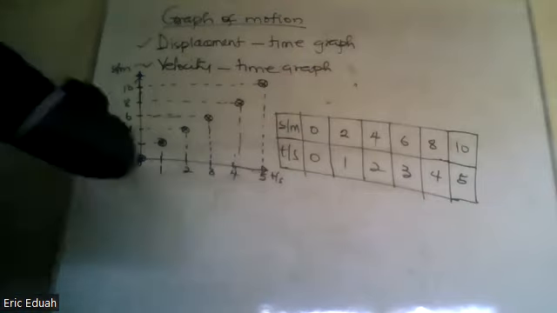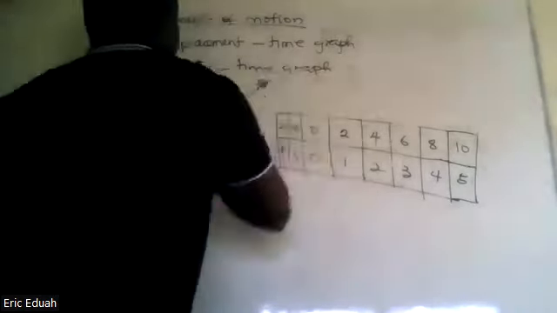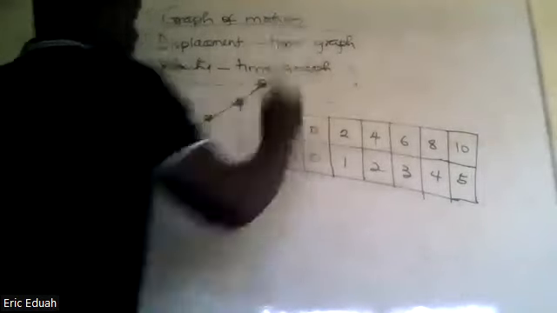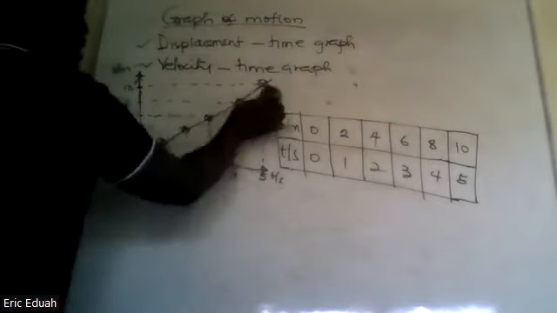When you join such motion, you have a straight line like this.